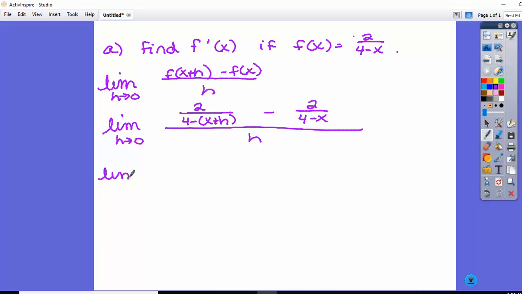Okay, can you leave it like this? No. So we can't plug in the 0 yet because we're getting a 0 on the denominator. So what we did is multiply to get rid of it. So we had to multiply by both denominators, 4 minus x minus h and 4 minus x. And whatever you do on the top, you do on the bottom as well.